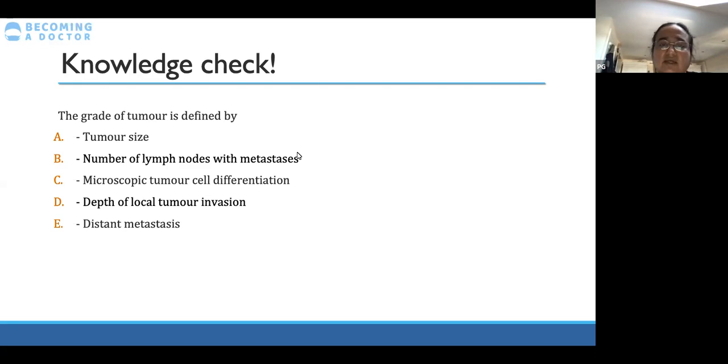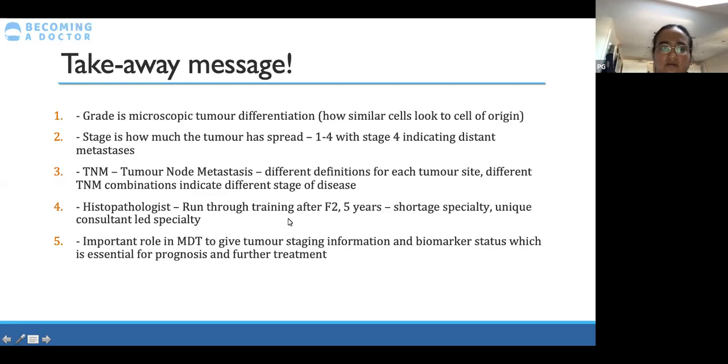So low grade being well differentiated, and high grade being poorly differentiated. So these are my takeaway messages. Again, grade is microscopic tumour differentiation, how the cells look compared to the cell of origin.